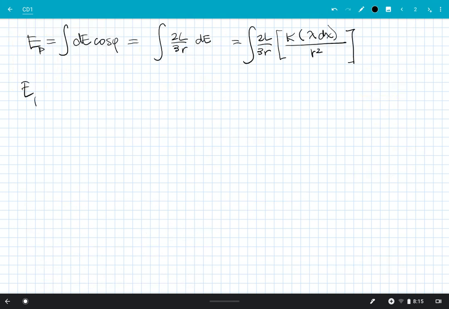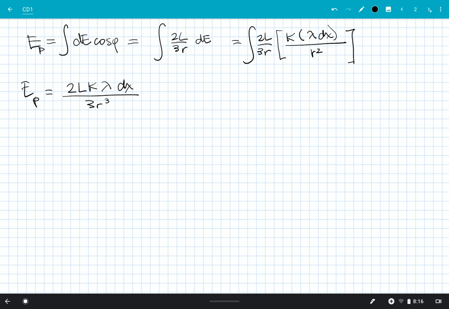All right, back to this then. So E at point P. Then we can make this a little bit cuter: 2L K lambda dx over 3R cubed.